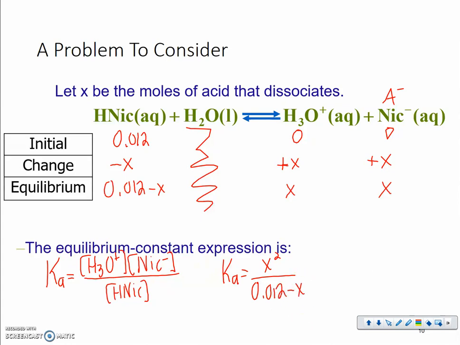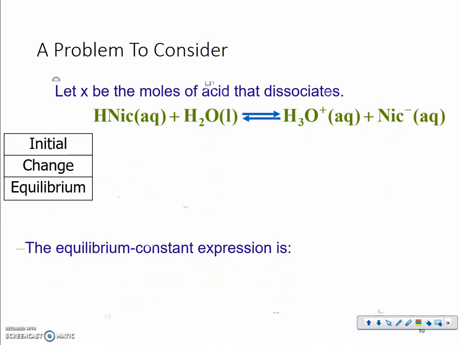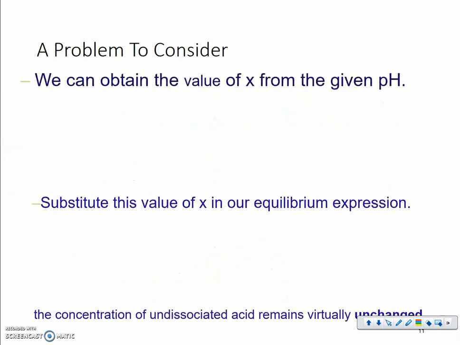Okay. Now the problem here is that we still have two things we don't know. Ka, which is our true question, and then we also don't know what x is at this point. So we have to be able to figure out what the x is, and we can do that from pH. So the formula for pH is that. We can also rewrite that as that.